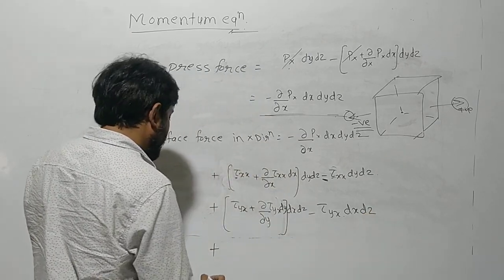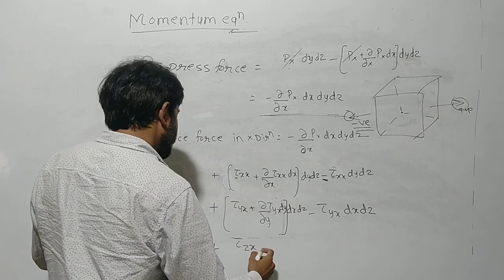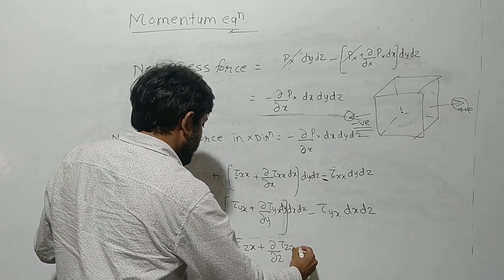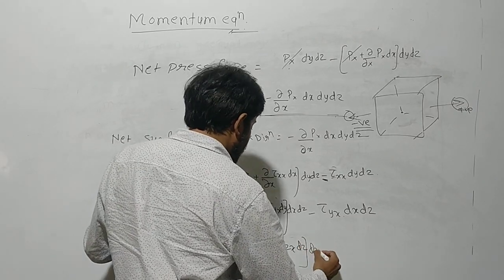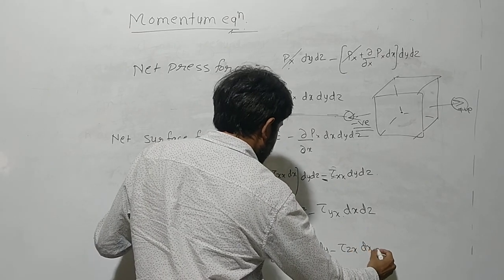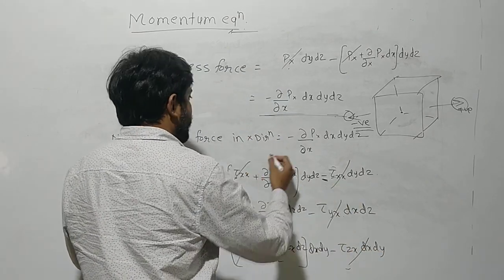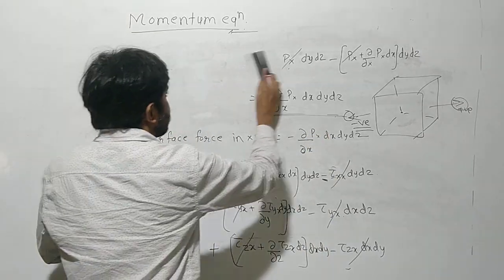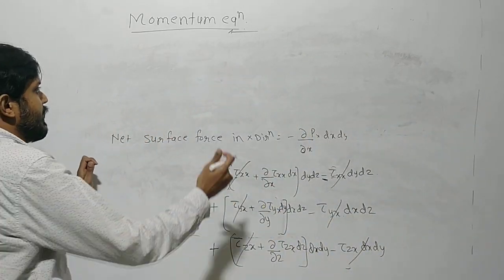Similarly for the z direction, tau zx plus del by del z of tau zx dz, then this will be your dx dy, minus tau zx dx dy. Finally these two will cancel out. Okay, so all the forces, step by step I will write.